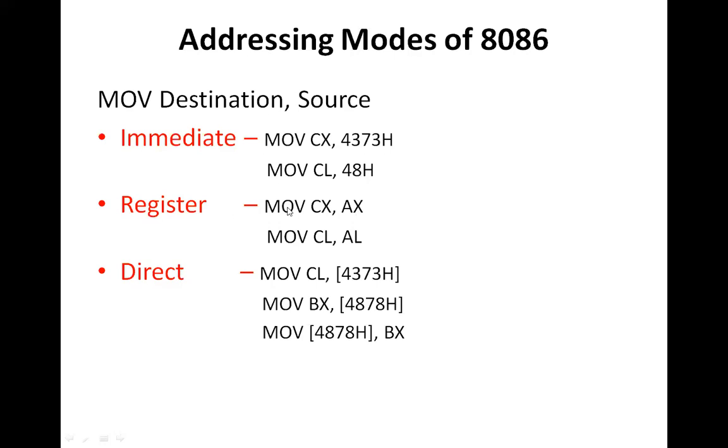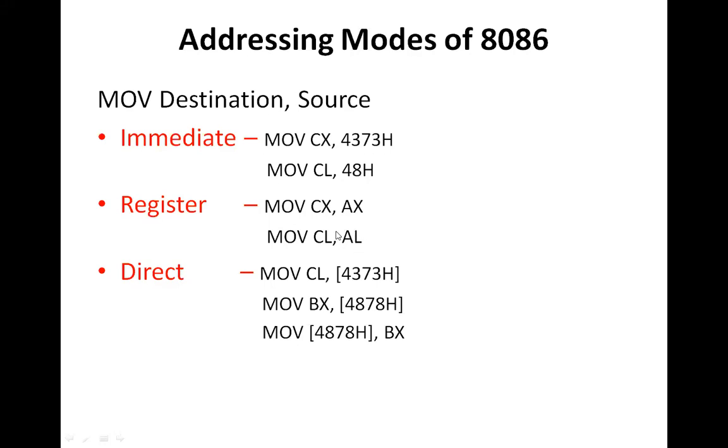Examples are MOV CX, AX, which copies the content of AX, a 16-bit number, into the CX register. If we want to copy an 8-bit number into an 8-bit register, then we write MOV CL, AL.